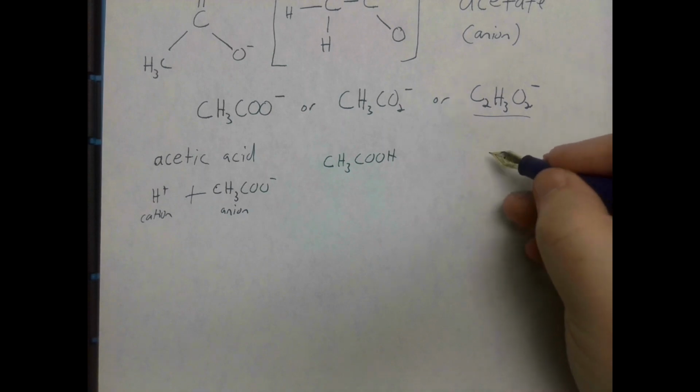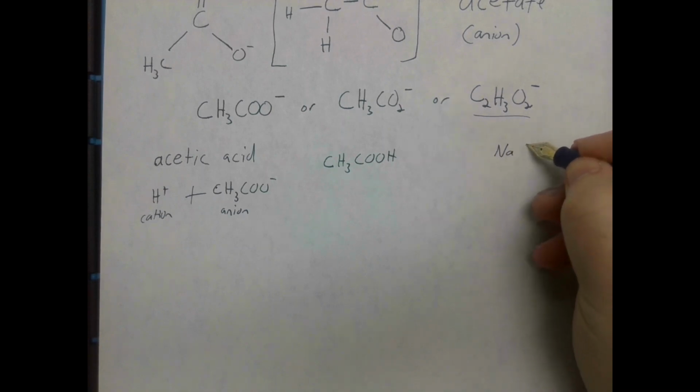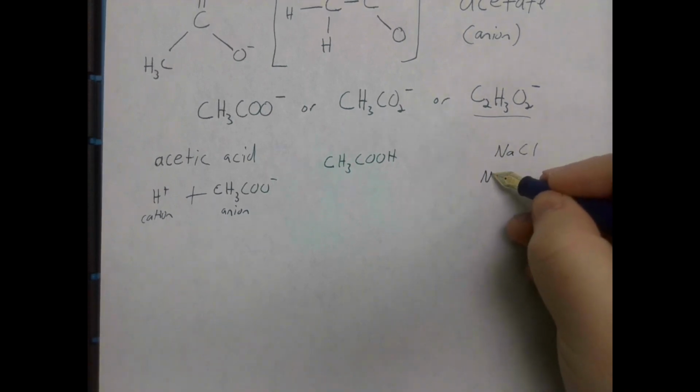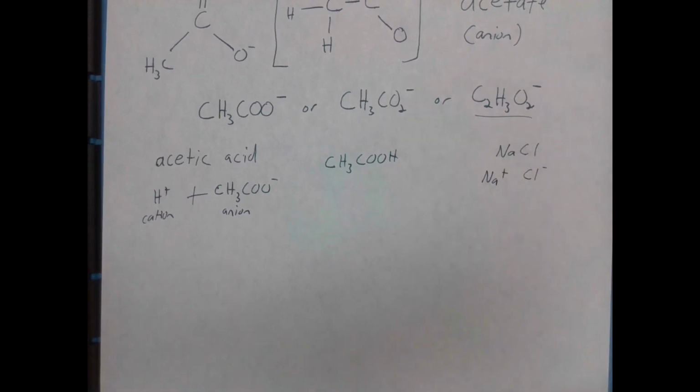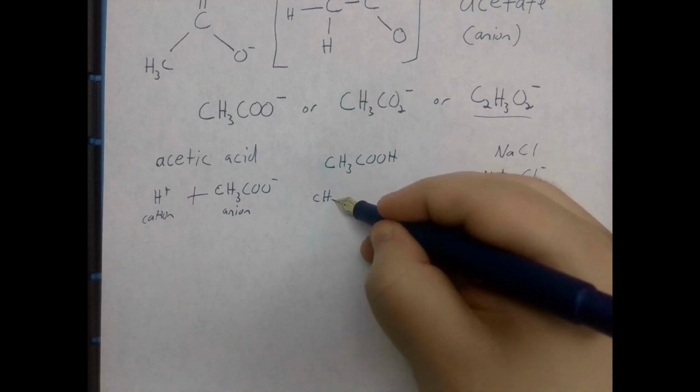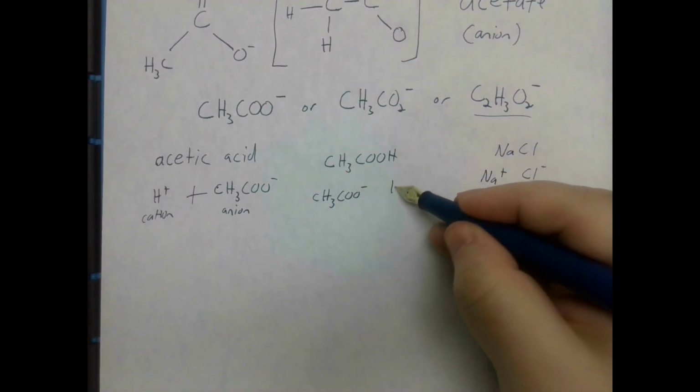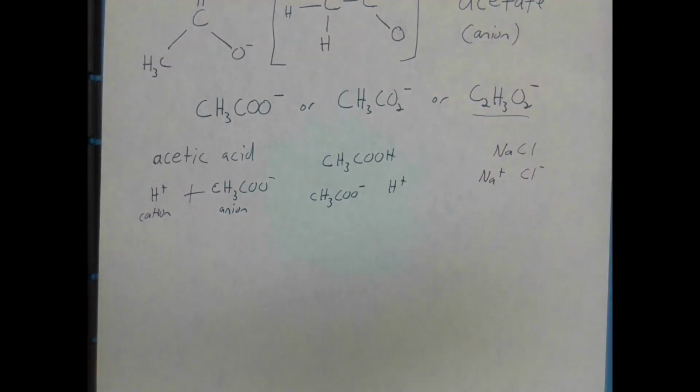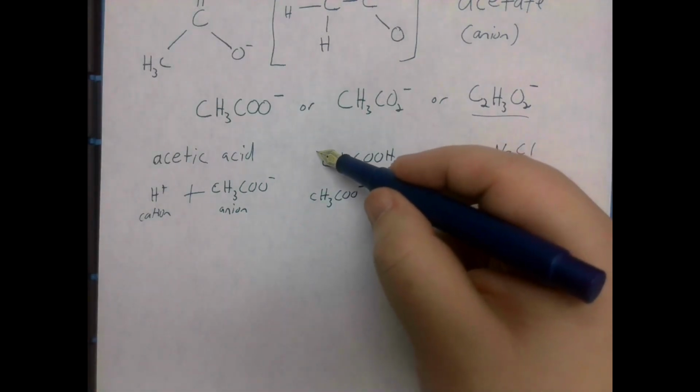So let's think of table salt. NaCl. We have Na plus and Cl negative as the 2 ions. What's our 2 ions here? CH3COO negative and H plus. Almost always when writing ionic formulas, we put the cation first in the formula. So this is usually how it's written.